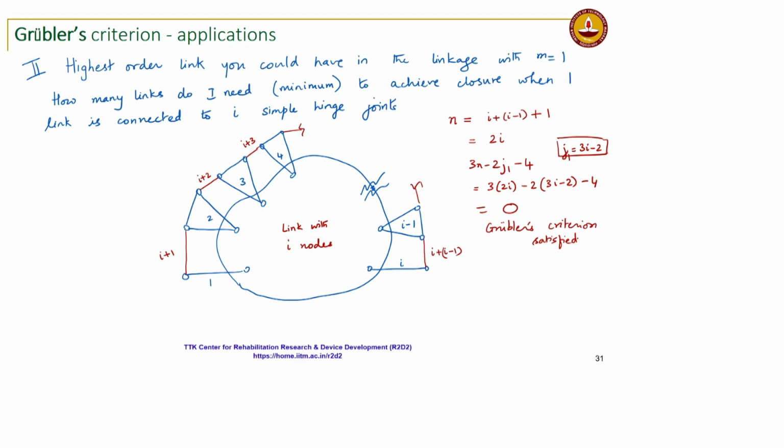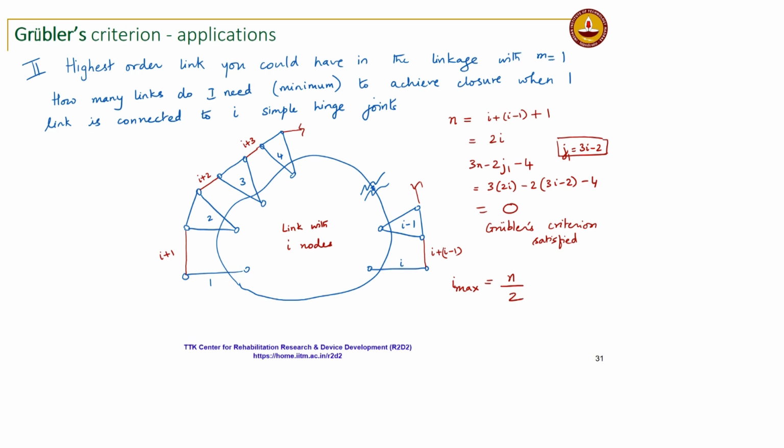Okay. So, that tells me that if I have n links, I max can be what? If I have n links in the mechanism, I max can only be n by 2. The reverse of, right, if I want to use a link with I nodes, I need to have minimum 2i number of links.